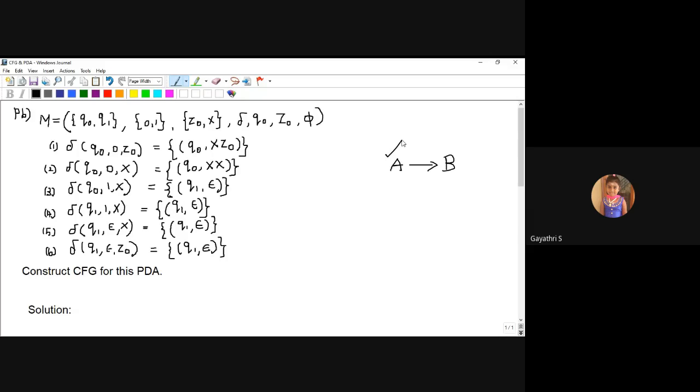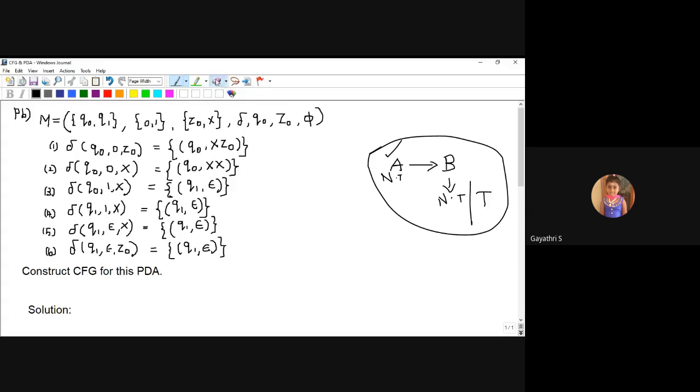That is the rule of context-free grammar. Then B may be either a non-terminal or a terminal. So you have to write a production rule for every mapping. The first mapping belongs to the production rules of non-terminals, because the top of the stack, Z naught, is a variable, which belongs to the non-terminals.